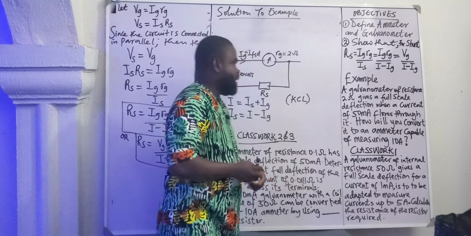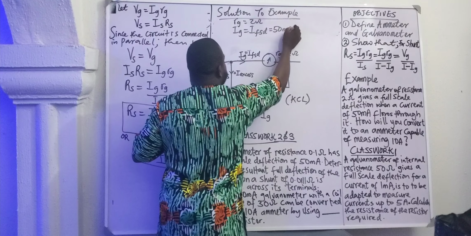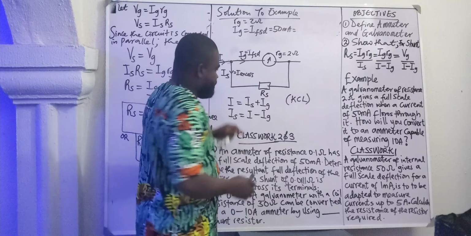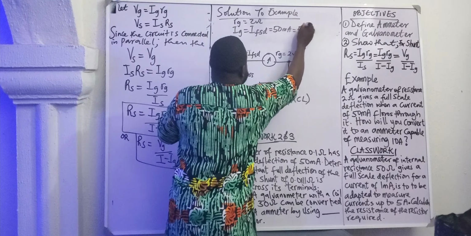So Rg is 2 ohm, Ig, which is the same thing as I full-scale deflection, is what? 50 milliamp. You have to remove that milli sign by multiplying with 10 raised to power minus what? 3. That takes it to what? Ampere. So 10 raised to power minus 3 times 50 gives you 0.05 amp.